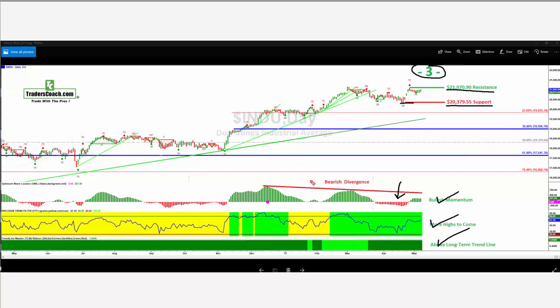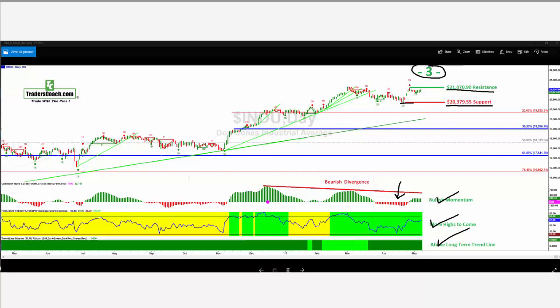But things are setting up for this to be, we're getting closer to a wave 3 top, but we're not quite there yet, we don't think. We do have bearish divergence, but bearish divergence can last a long time. So far, from a technical standpoint, we're still in an uptrend.